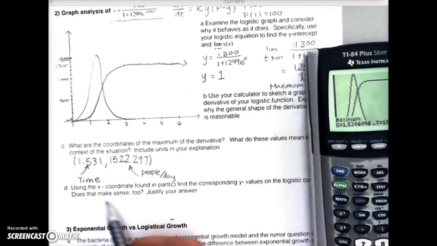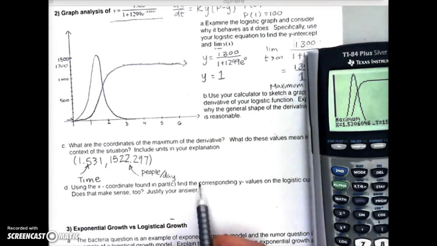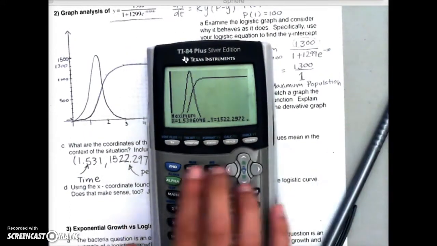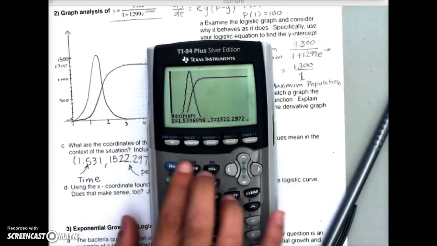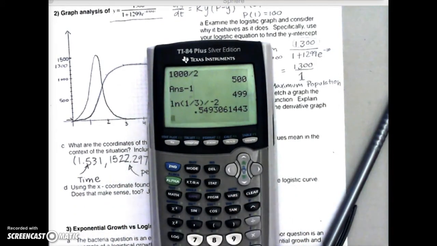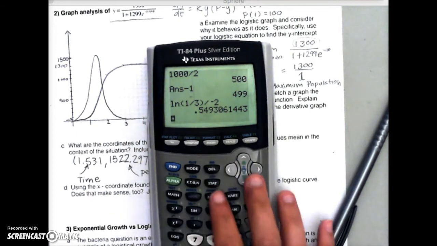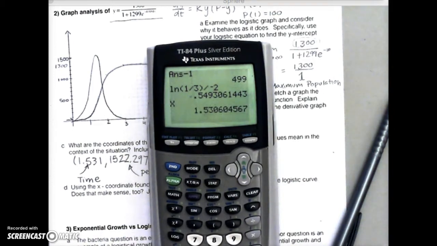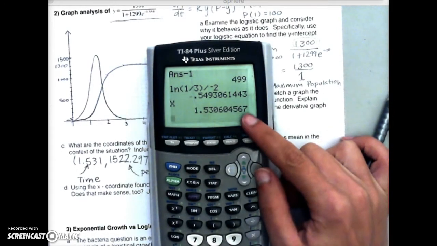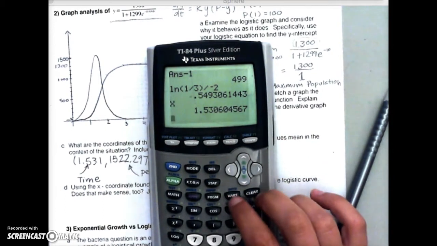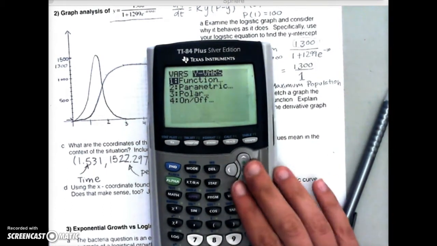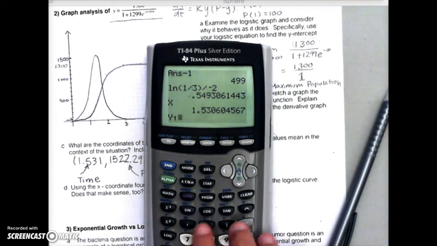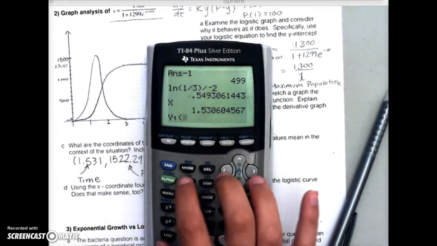Then use the x-coordinate found in part C to find the corresponding y value in the logistic curve. I can go back to my calculator, and I know that the answer is stored in the x value of my calculator. So to find the value of the function, I can go to the function y1 and then do parentheses x.